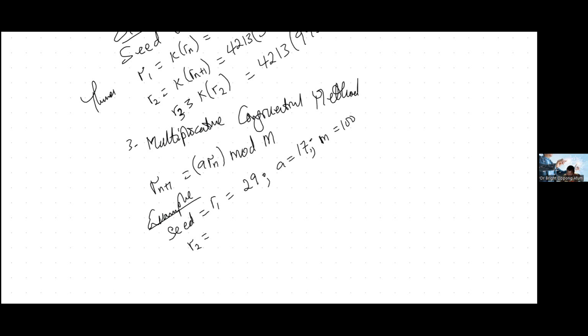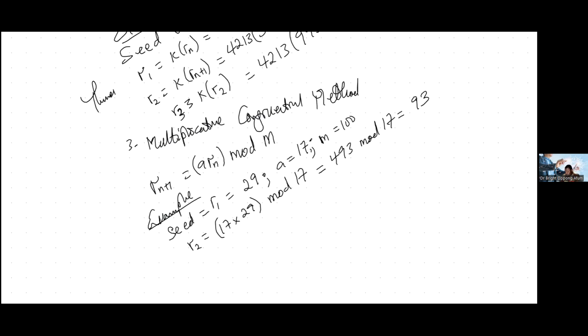So what is A? A is 17 by R1, which is 29, mod 100. And this will be 493 mod 100, and the answer is 93. All right, the answer is 93.